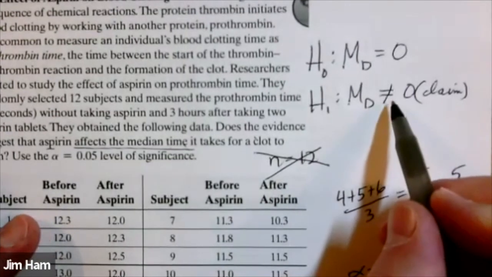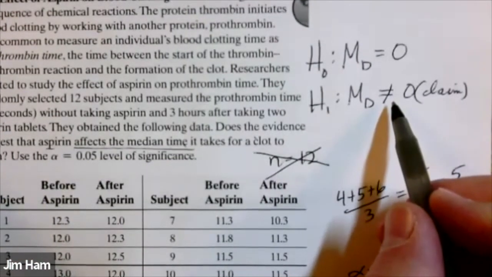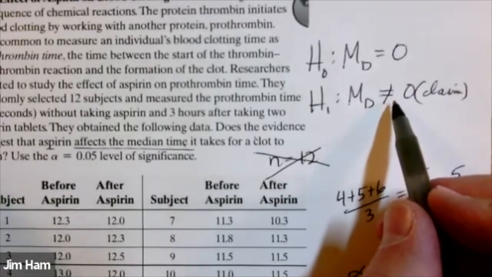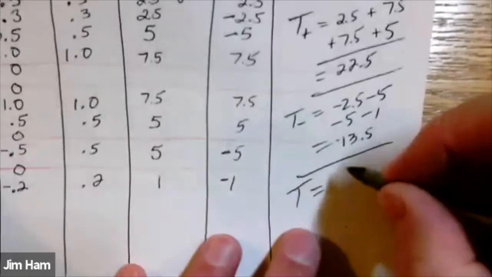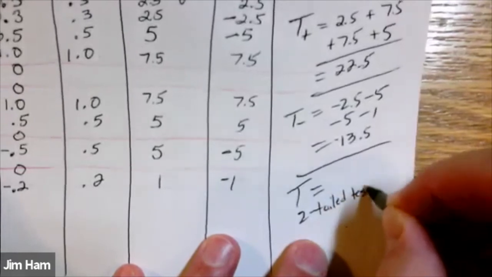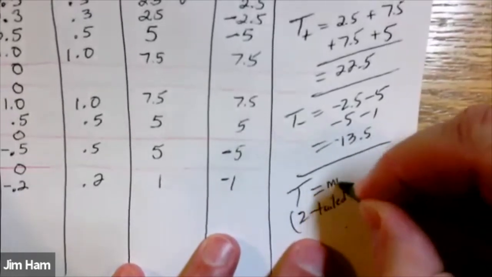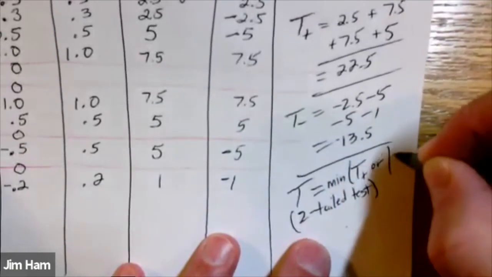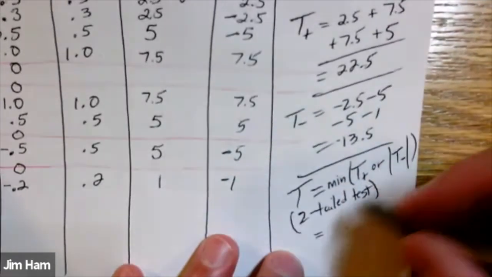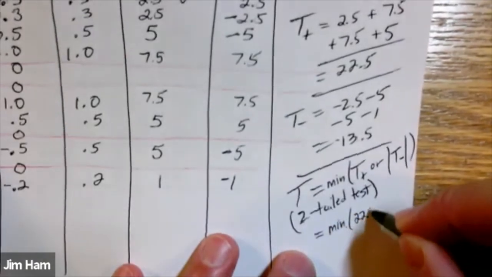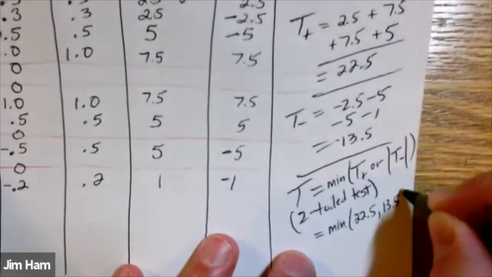Now, the not equal to is the easiest one, because what you do to determine the test statistic here is to take the minimum of. So for a two-tailed test, you're going to get the minimum of T plus or the absolute value of T minus, which means the minimum between 22.5 and 13.5.